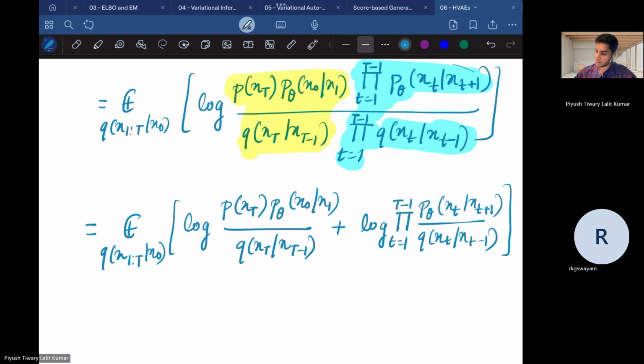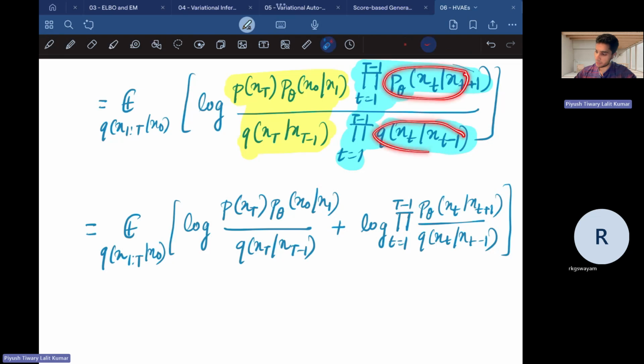You can think that for t equal to one, whatever is here, you write it down as one term and then take the product similarly. I hope there is no violation of the logarithmic properties here: in the numerator we have a product, in the denominator we have a product, and we are just taking the product of multiple ratios.